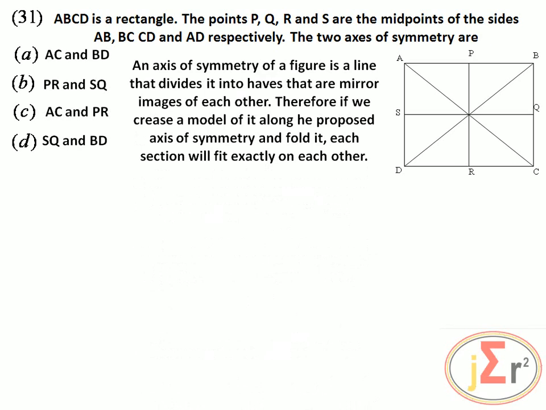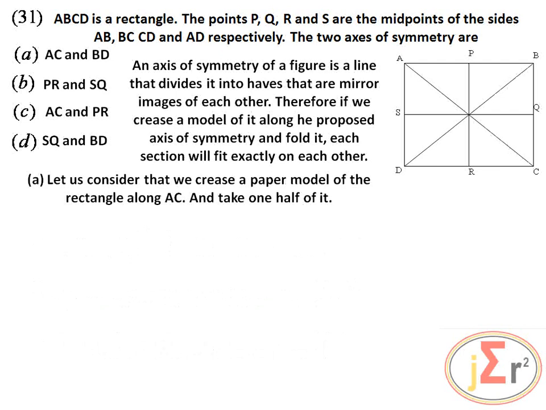Therefore, if we crease a model of it along the proposed axis of symmetry and fold it, each section will fit exactly on the other. And of course, we know that about the axis of symmetry, each half is a mirror image of the other.